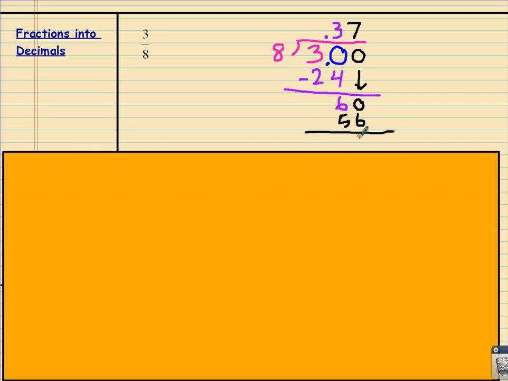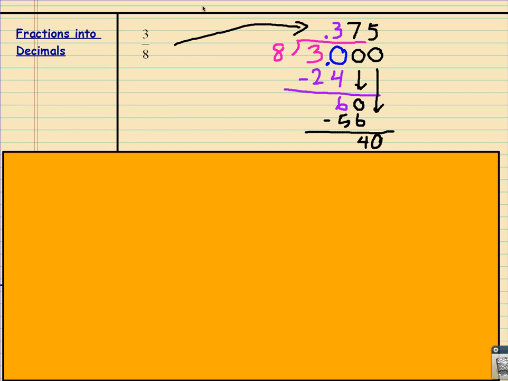We subtract, we get 4. We bring down another 0. Left with 40. How many times does 8 go into 40? 5 times, and it goes in evenly, so we can stop there. So the fraction 3/8 can be rewritten as 0.375 or 375 thousandths. And that is 3/8 as a decimal.